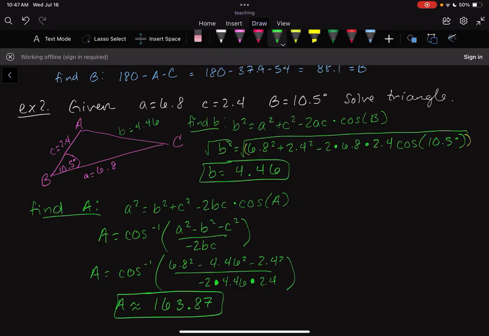And then for my last angle, I've got to go get angle C. So for that, I'm just going to do 180 minus the other 2.